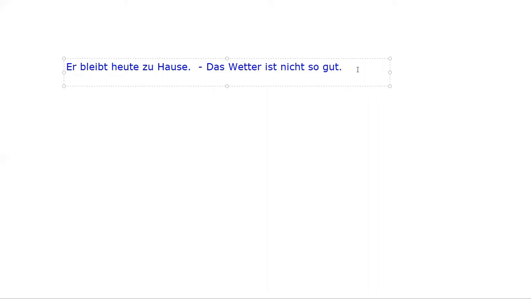Joining them with a subclause, making one sentence out of it, would be using a subordinating conjunction, because I want to be using weil. So bleibt heute zu Hause, comma, don't forget the comma, weil, and weil is subordinating, so it puts a verb, meaning that little ist here, to the end.